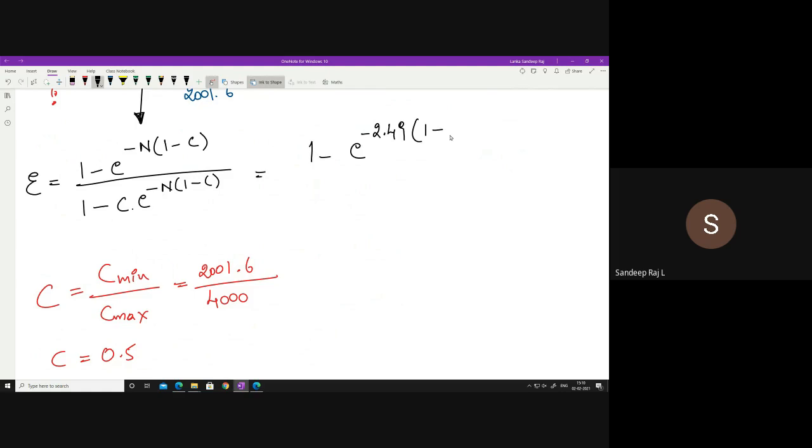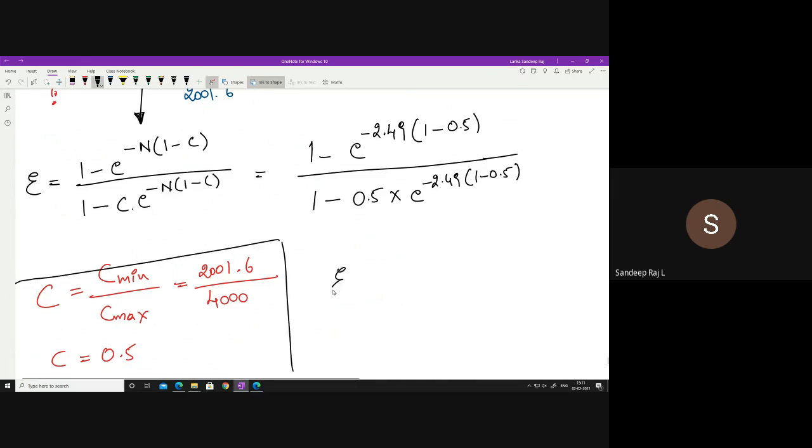Into 1 minus c. 1 minus c is 0.5, divided by 1 minus 0.5 into e power minus 2.49 into 1 minus 0.5. So now tell me the effectiveness value. Simply substitute it in your calculator and tell me the effectiveness value. Quick.